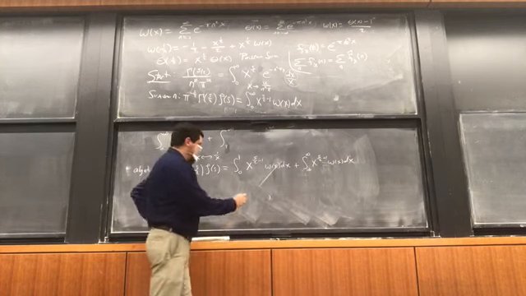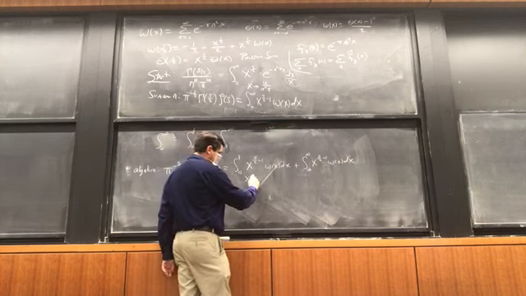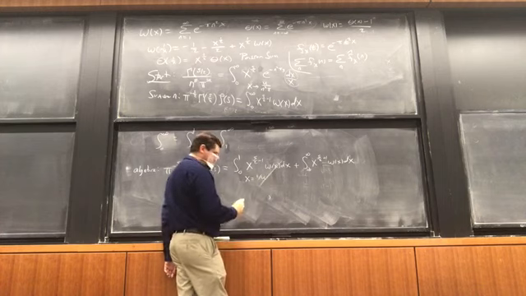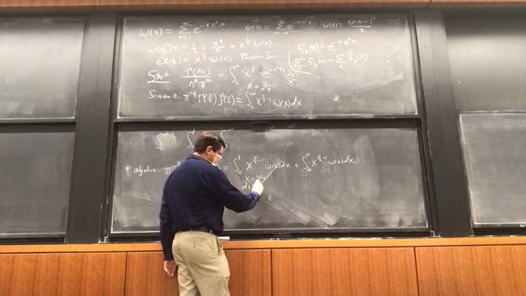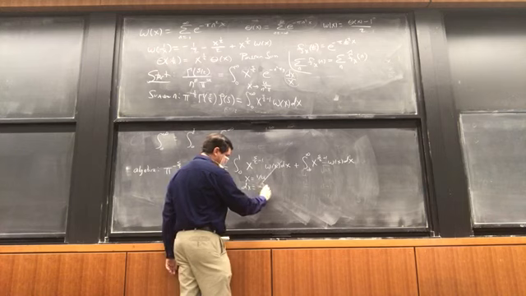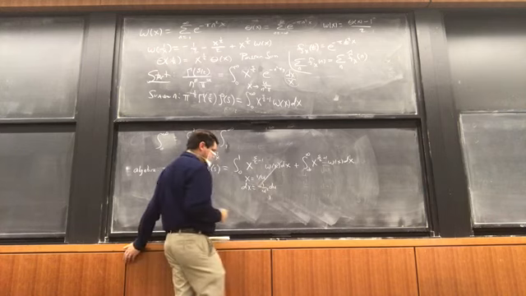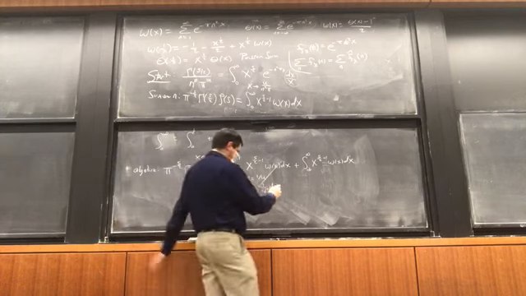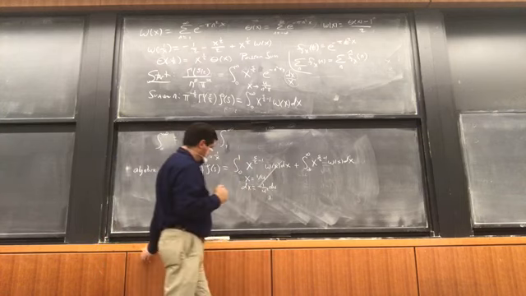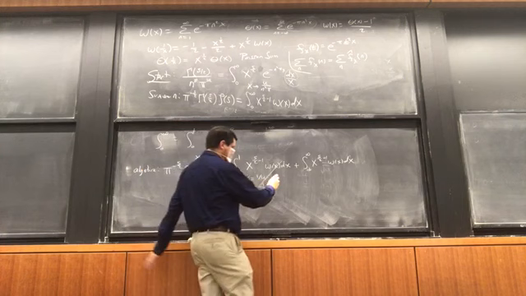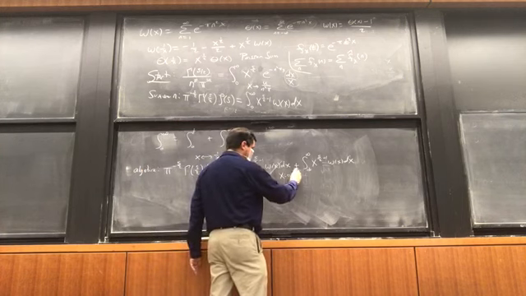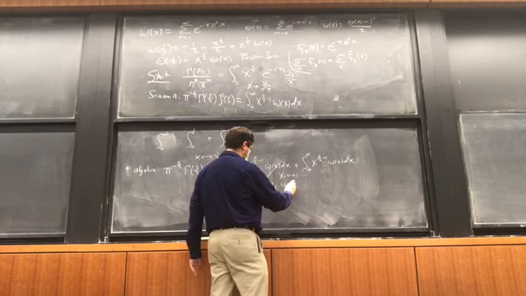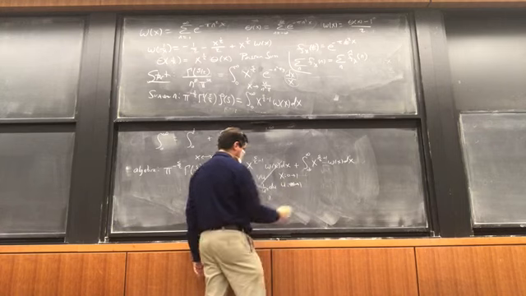So now what we do is let's let x be 1 over u. So dx is negative 1 over u squared du. And then x goes from 0 to 1, u goes from infinity to 1.